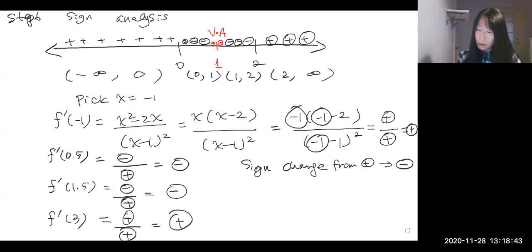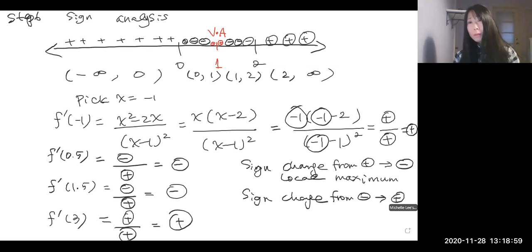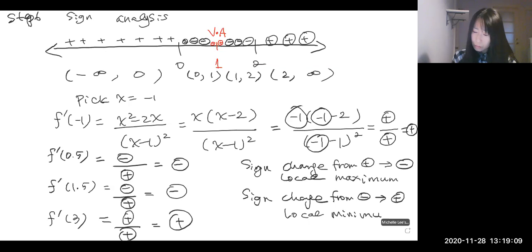Positive, negative, there is a local maximum. Sign change from negative to positive, there is a local minimum.